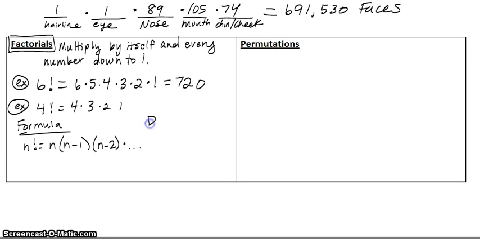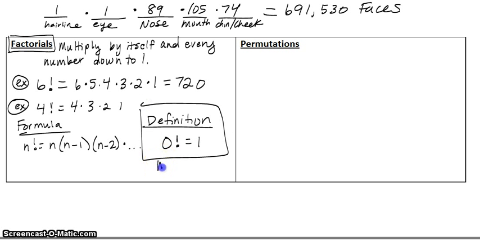And then here's one definition that you need to know and memorize. 0 factorial is defined as 1. Very similar to how we have some of these other rules, right? Anything to the 0 power is equal to 1. For a different reason, but a similar property, so maybe that might help you memorize it.